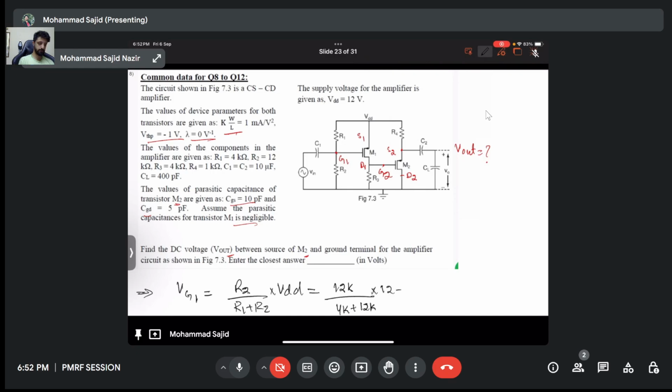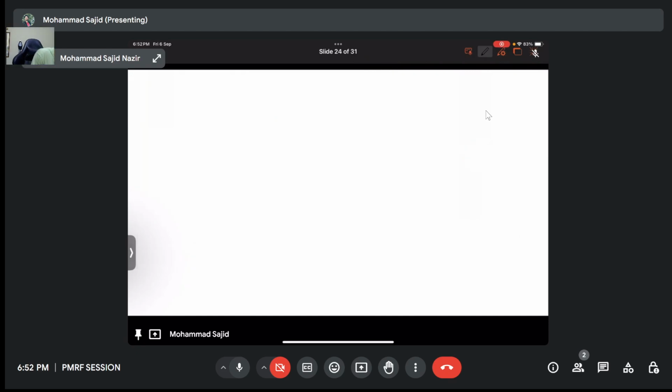VDD is 12 volt. So this is 12 by 16 multiplied by 12. It is 9 volt. So basically VSG1, because we are interested in VSG1, will be 12 minus 9, which is 3 volt. So now we have VSG1.